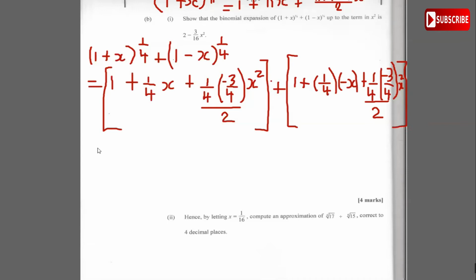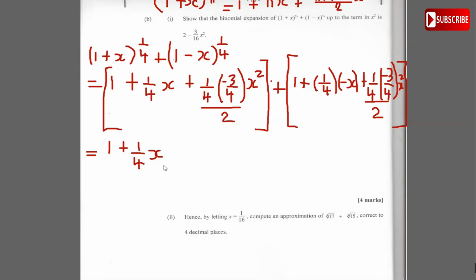So this part will simplify to be 1 plus a quarter x, then right here we have a quarter times minus 3 over 4, divided by 2.